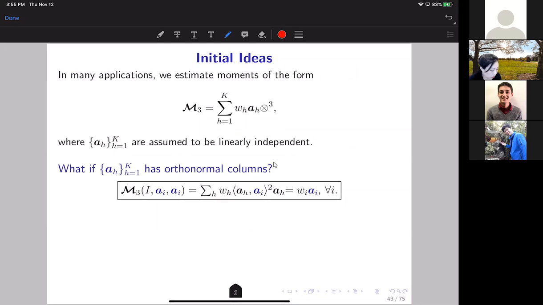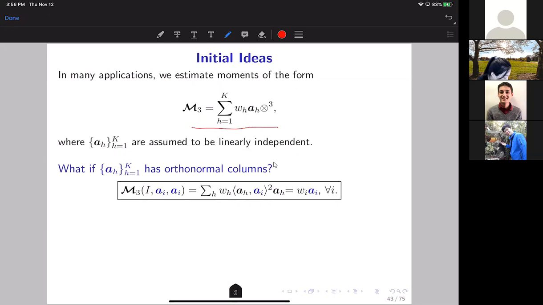So let's see what happens if the a_h have orthonormal columns. Based on this, you can see if I do a multilinear operation on my M3 tensor, which is of this form, with my orthogonal components a_i, then something will cancel out, right?